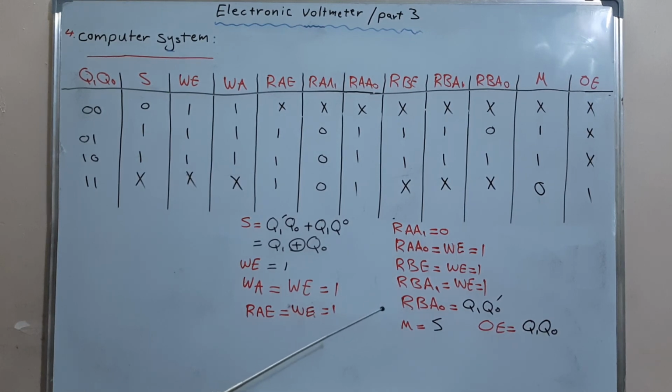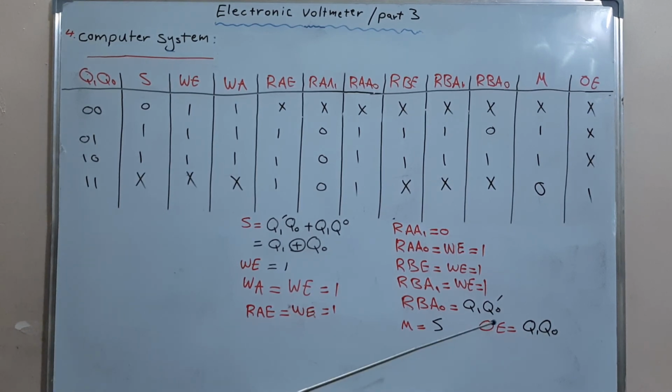The value of RBA0 is equal to 1 whenever Q1 is equal to 1 and Q0 is equal to 0. The value of M is equal to the value of S, and the value of OE is equal to 1 whenever Q1 is equal to 1 and Q0 is equal to 0.